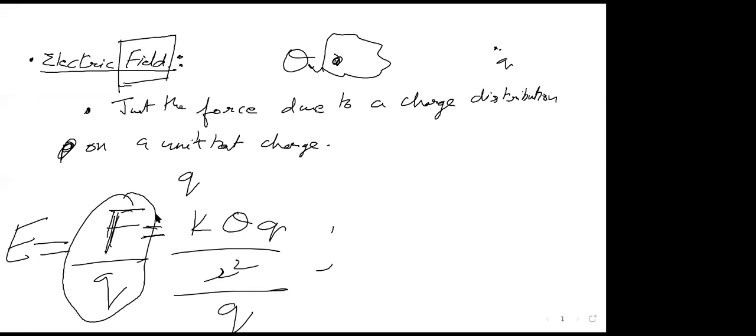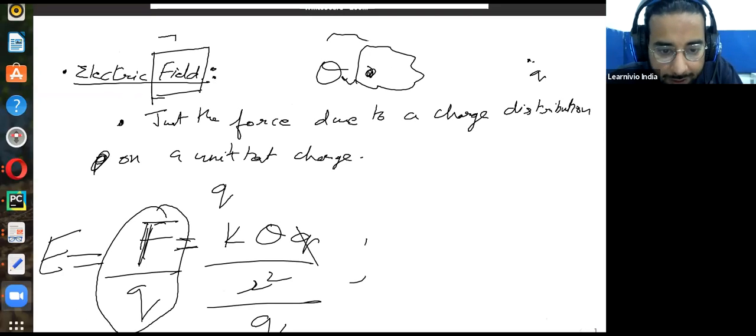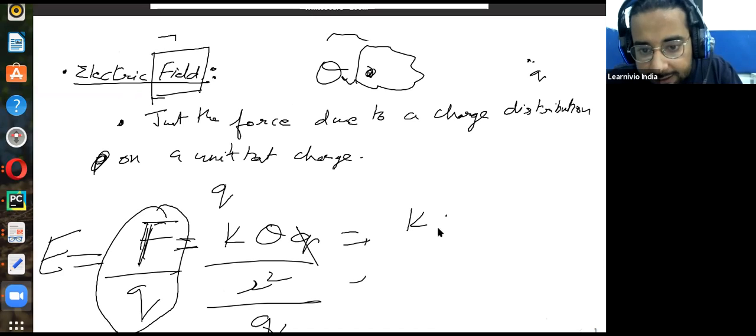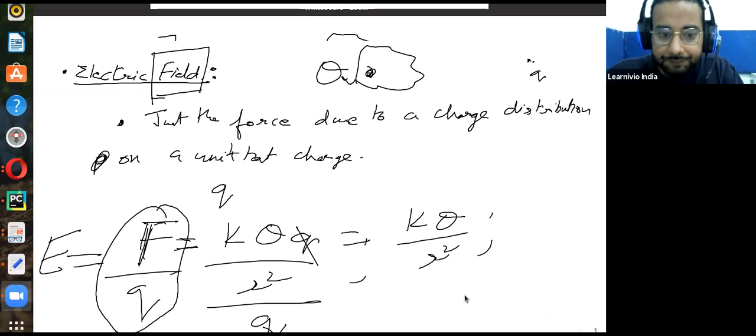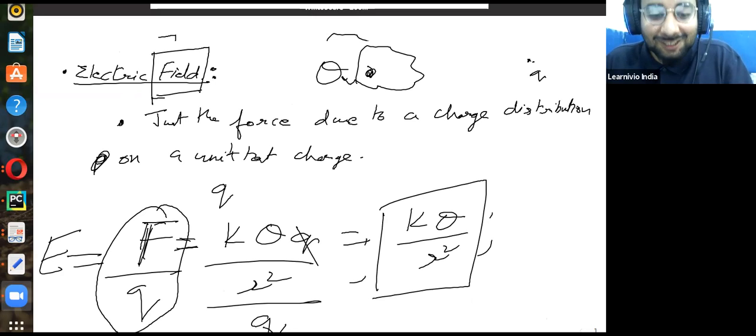Yes. So this q and q cancel out, and all that remains is kQ over r squared. But wouldn't they multiply? Because this is divided by r squared divided by q, so q will go up. No, there has to be one more.